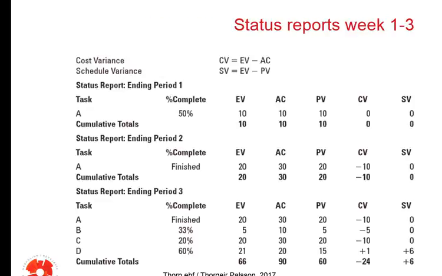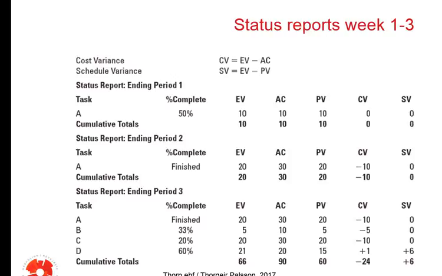This is then what we would call out if we have a status meeting and we say, okay, now we want to check how we're doing in terms of cost and in terms of time. So we need a status report. And the computer system would give us something like this. Here you can see, remember, the cost variance and the schedule variance, how they are computed.